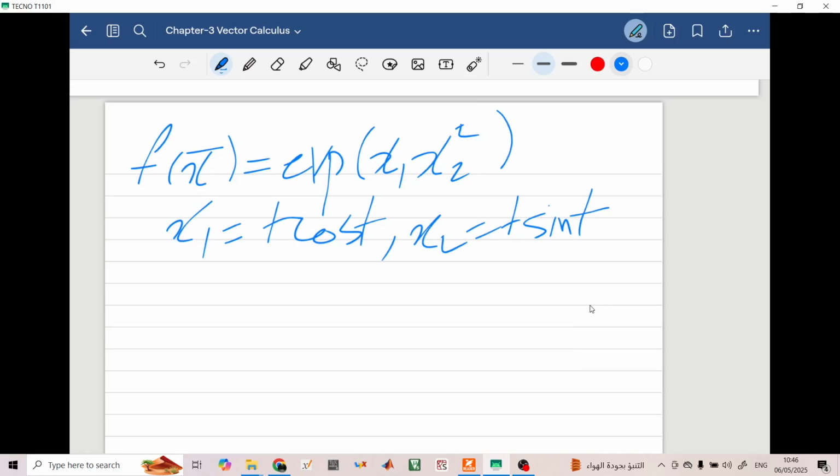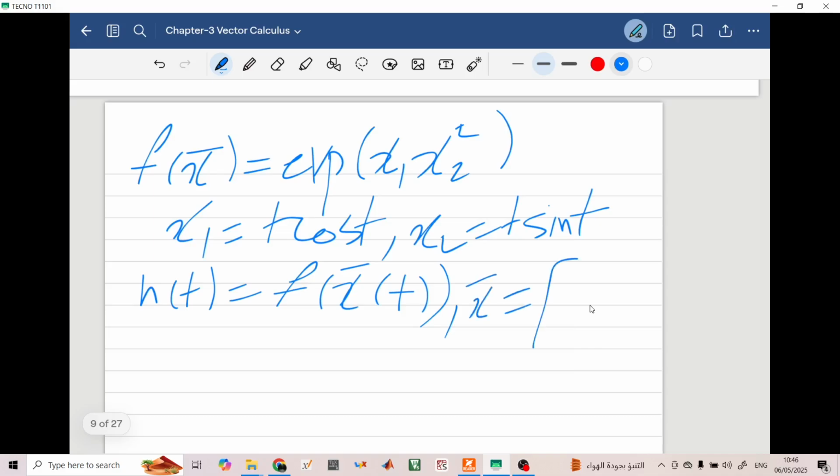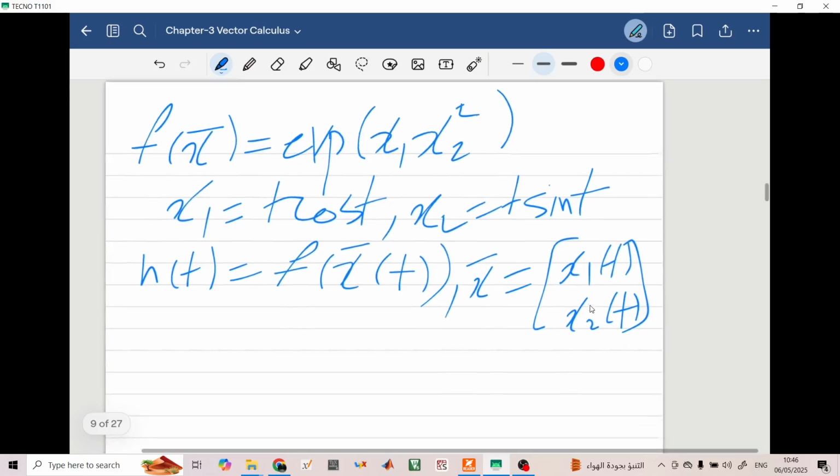Now we have the function h of t is f composed with x vector of t, and x vector is x1 of t and x2 of t, right?